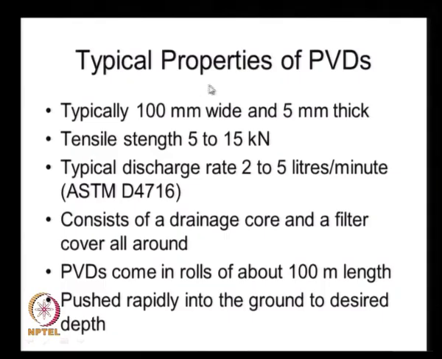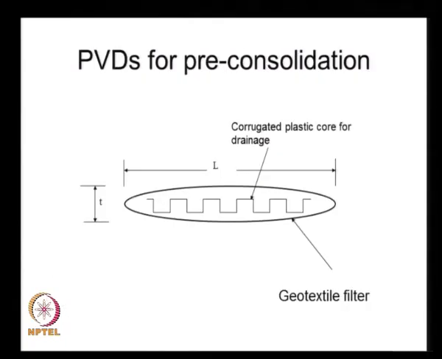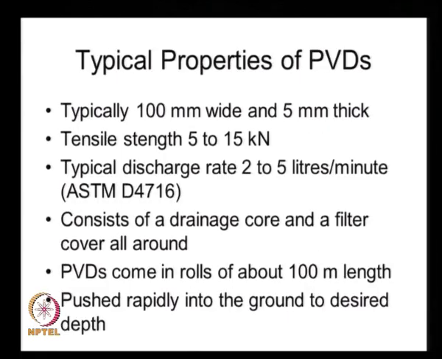And typical properties of the PVDs: typically they are about 100 millimeters wide and 5 millimeters thick, and the inside core could be made of corrugated plastic sheet, or we can make the inside core using geonets or some other materials like crimped wire mesh and so on.